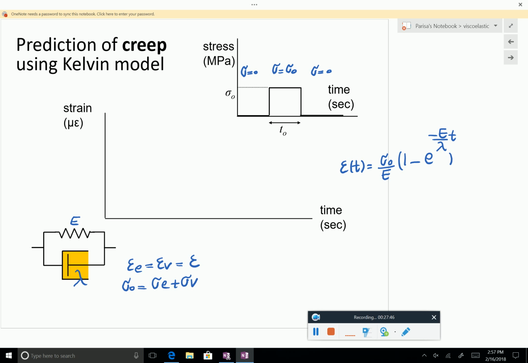It's very useful to think at time 0 and at very long time, what would be the answer? And then you draw it. Absolutely correct answer.